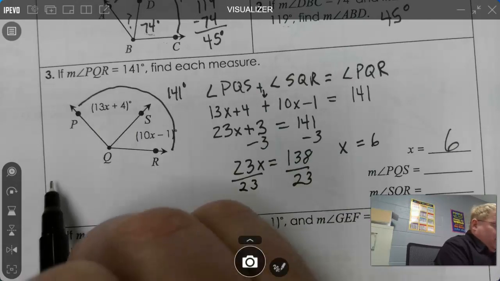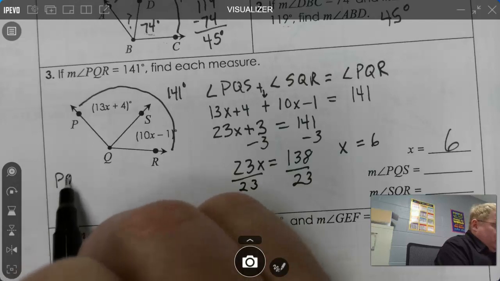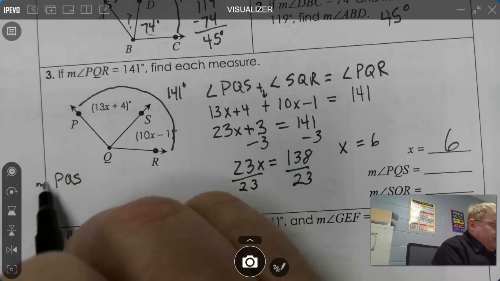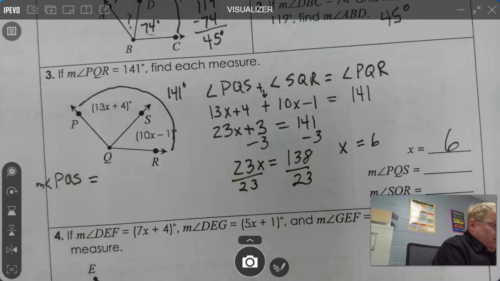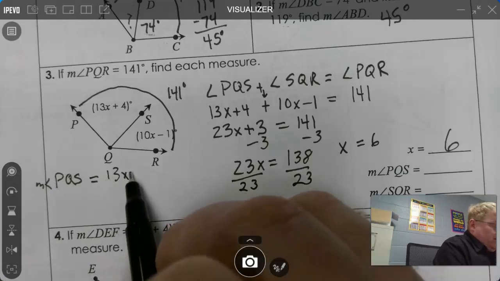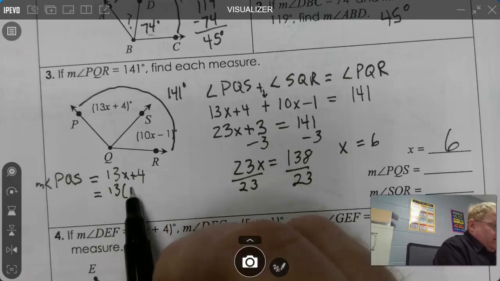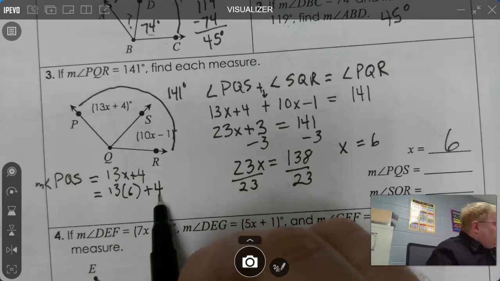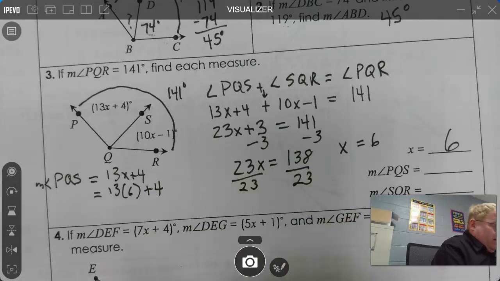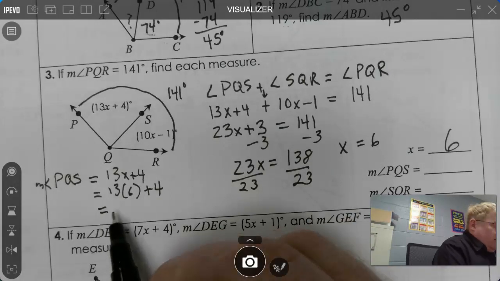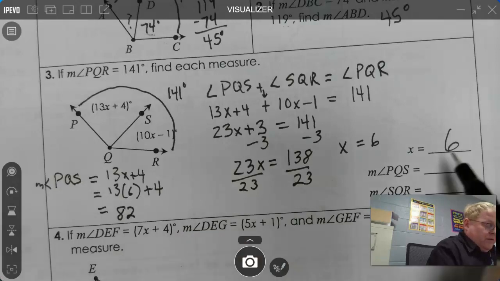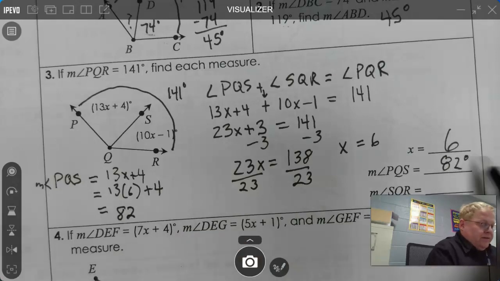So I put down PQS measure is equal to 13x plus 4. I'm going to plug in the 6 for the x, and we get 82. So 82 degrees.